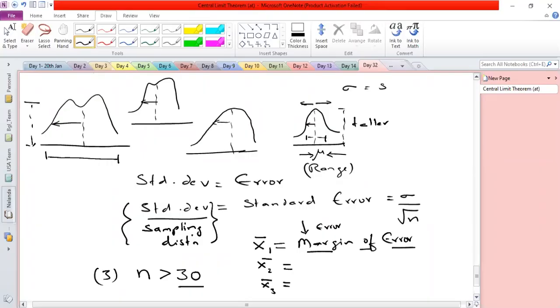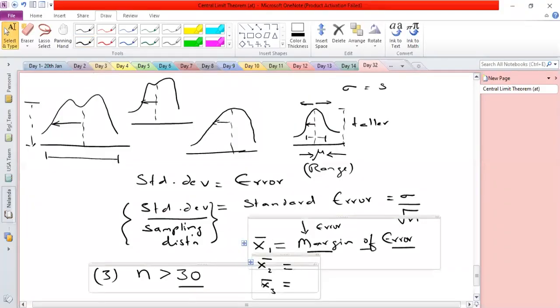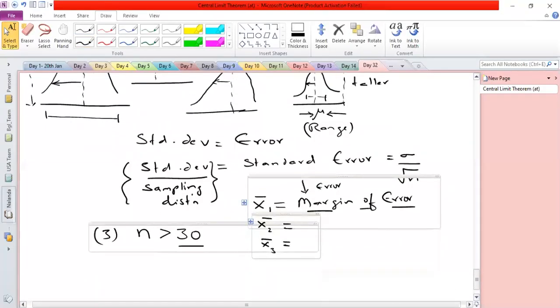Okay, are you with me? Some of you may have a question: how do I get my mu of x bar? Let me give you that information also. It's so simple.